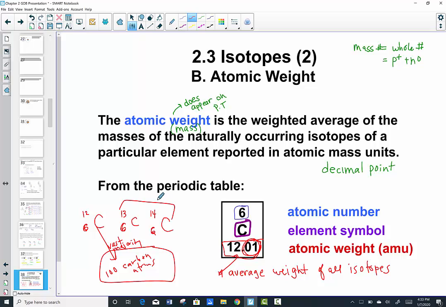So you can see that both of these are minor contributors, and yet they do exist because they've actually changed the average from 12.00, carbon-12, the most abundant, up a little bit, 12.01. So I might have one carbon-13, I might have one carbon-14, but the vast majority, 98 others, are going to be carbon-12 in that particular box.